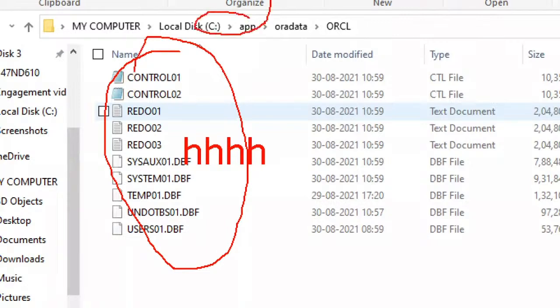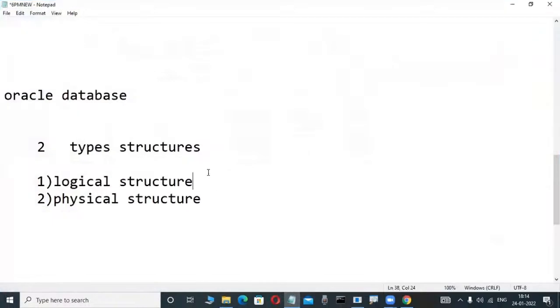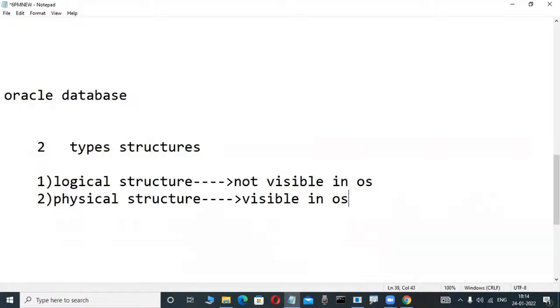That's why a logical structure means a structure which is not visible in the operating system. A physical structure means whenever we install Oracle, SQL Server, DB2, these softwares, physical files are created automatically. That's why a structure which is visible in the operating system is called a physical structure.